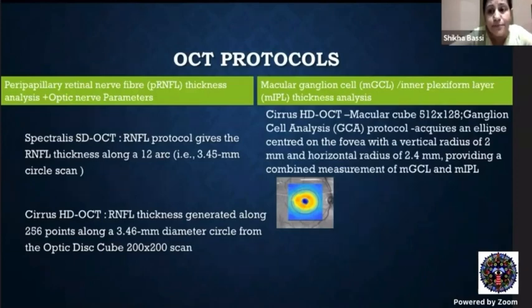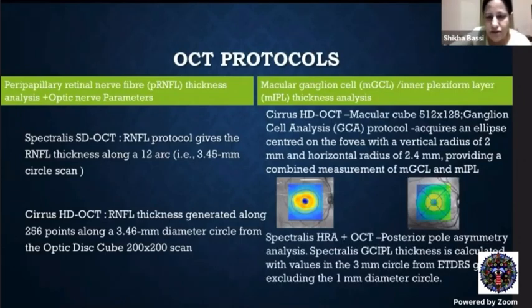And what is the protocol that is to be used for this? That is called the Ganglion Cell Analysis or GCA protocol. It captures an ellipse centered around the fovea and has a radius of around 2.4 millimeter. In Cirrus, you get a combined measurement of the GCC and the IPL layer.